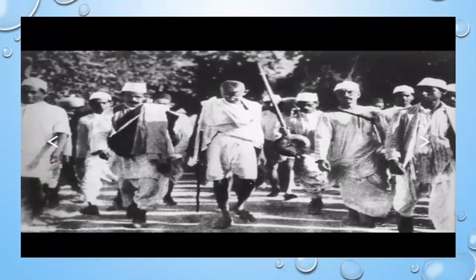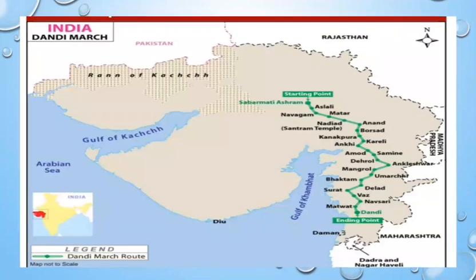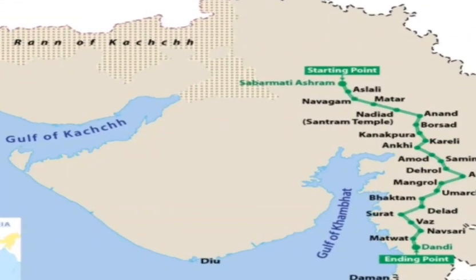Can you see in this picture that Gandhiji with other followers is marching? This march started from a place in Ahmedabad called the Sabarmati Ashram. The picture here shows the starting point and the green line that you see, which is ending at Dandi. This is the path that Gandhiji and his followers took. Remember, they walked on foot all this distance to reach Dandi, which is a seashore where Gandhiji made salt in order to protest the British.